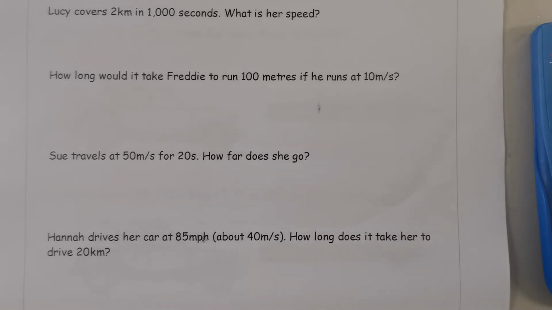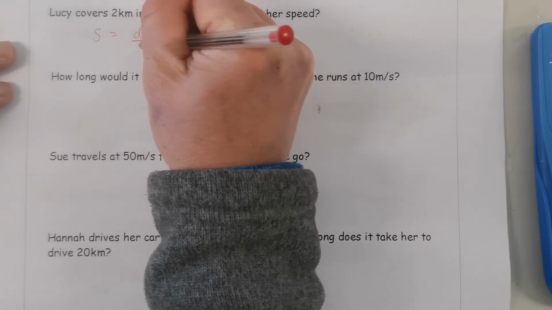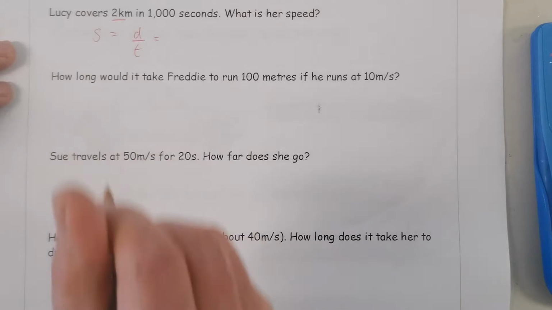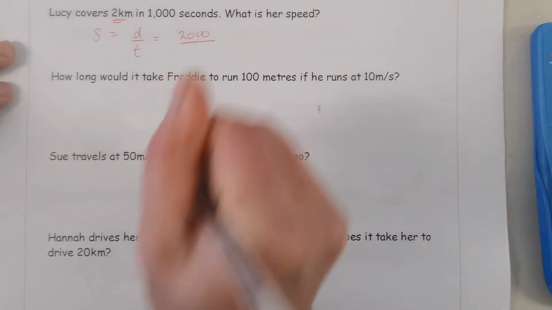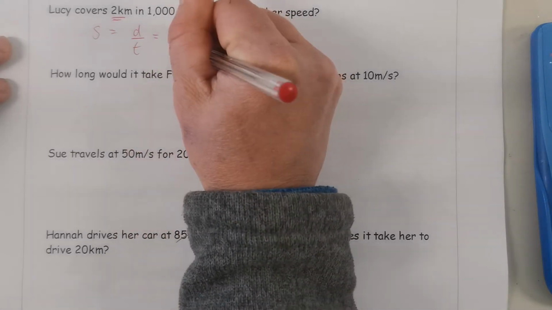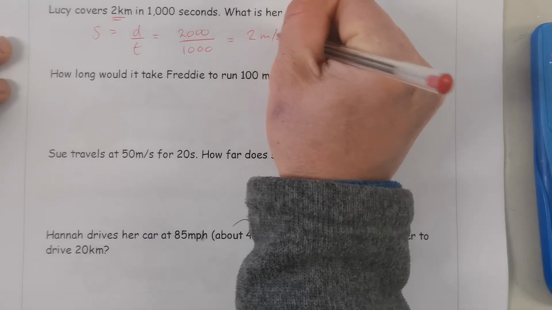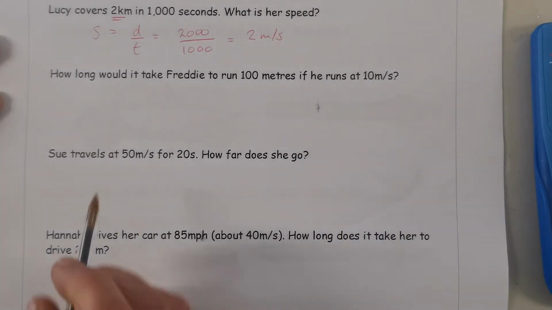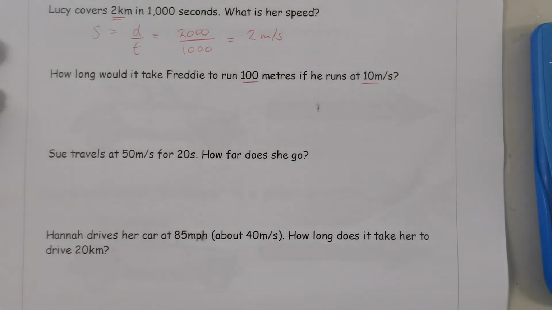Lucy covers 2 kilometers in 1,000 seconds. What is her speed? Speed equals distance divided by time. Distance in this case was 2 kilometers, so I'm going to have to change that to 2,000 divided by 1,000 seconds, which is 2 meters per second. How long would it take Freddie to run 100 meters if he runs at 10 meters per second?